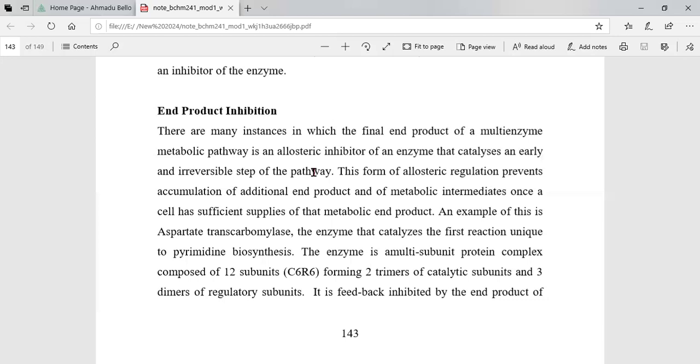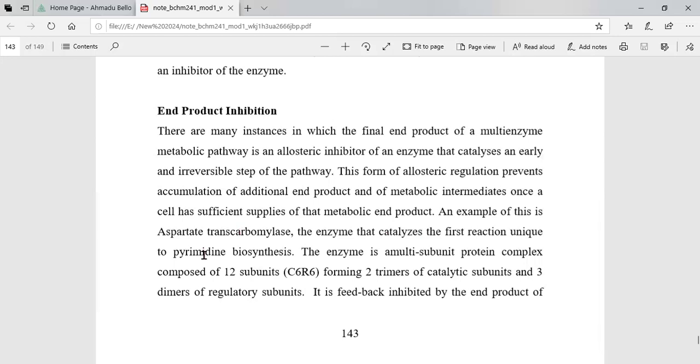So the end product being produced by a pathway comes and inhibits a critical step in the pathway. This form of allosteric regulation prevents accumulation of additional end products and of metabolic intermediates once a cell has a sufficient supply of that metabolic end product.